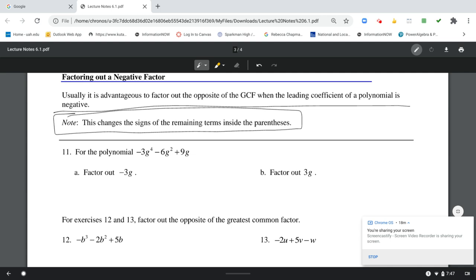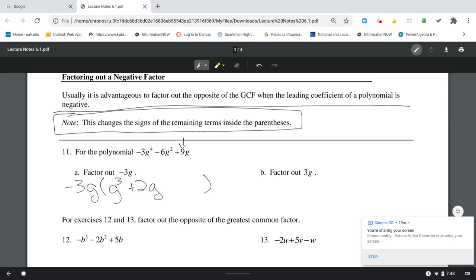So if I factor out in number 11 a -3g, that's what they're telling me to do. When I divide a negative by a negative, it becomes a positive. Subtract that exponent and I get 3. When I take -6 divided by -3, I get +2. Subtract my exponent.